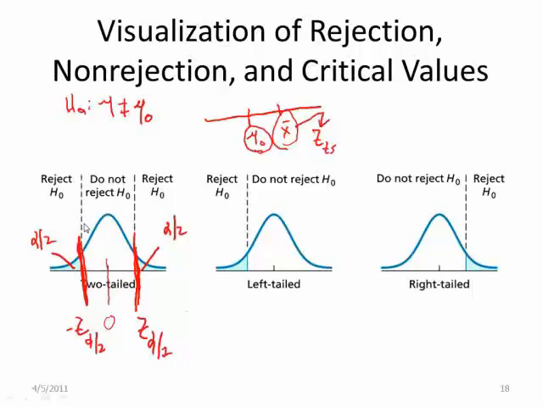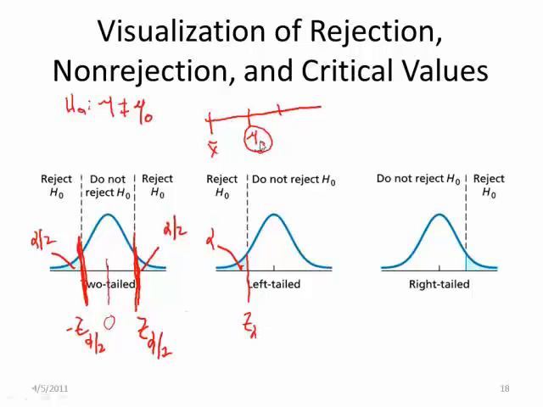Now the other two are a similar argument, but for this one, let me switch this around. I have my mean under the null hypothesis, and then I can compute my x bar. Once I choose my alpha level, this is my alpha, and this is my boundary, or my critical value, z sub alpha.